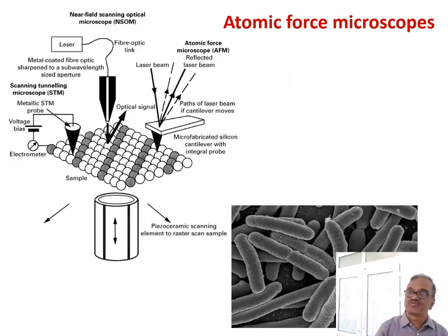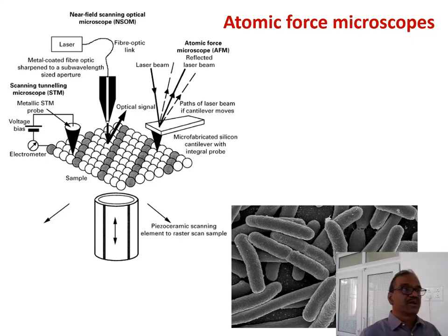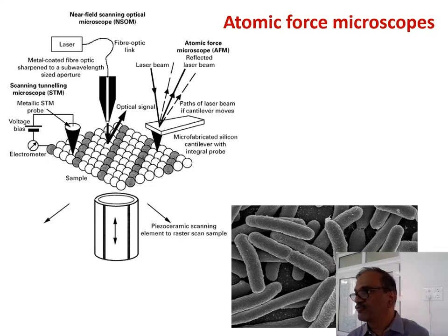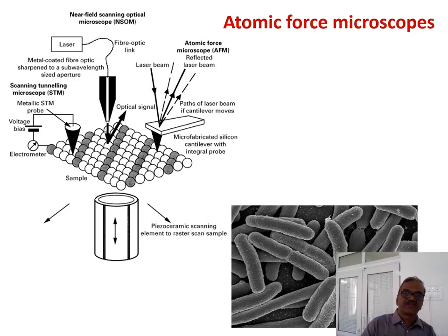As I told you, the last one is atomic force microscopy. Just know the name: atomic force microscopy is used to study the atoms which are present in different molecules. Okay, and in that the reflected laser beam is able to give various types of cantilever, which act as a probe, and with the probe you can scan the sample and you will get a bigger picture like this.